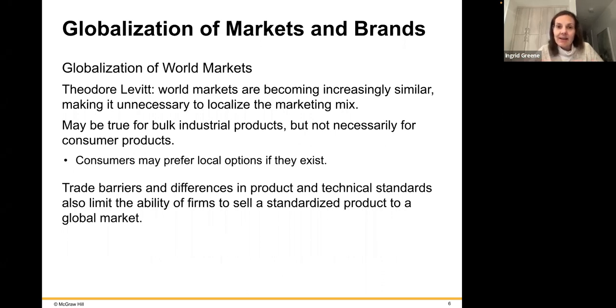And then it has become, as Theodore Levitt is saying, increasingly similar. Yes, we have McDonald's in almost every country these days. But even McDonald's, says Theodore Levitt, is not exactly right, because they do modify the menu from country to country.